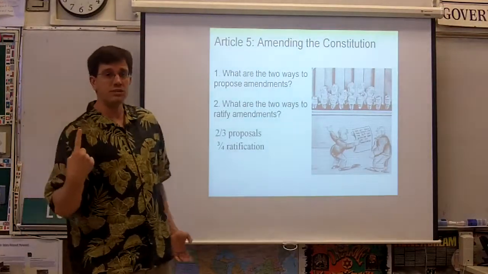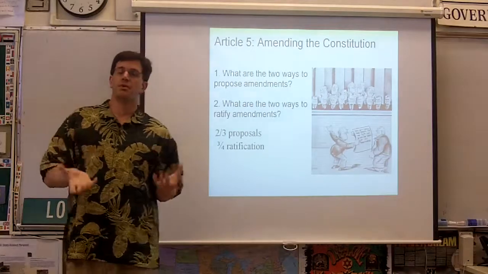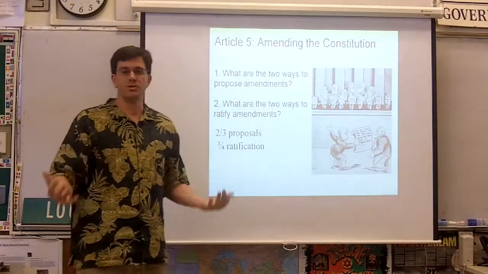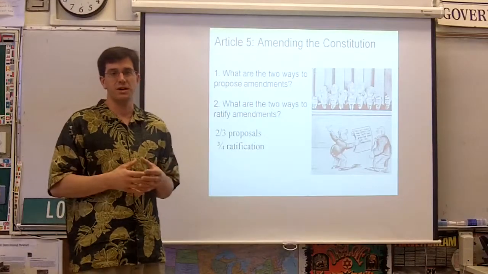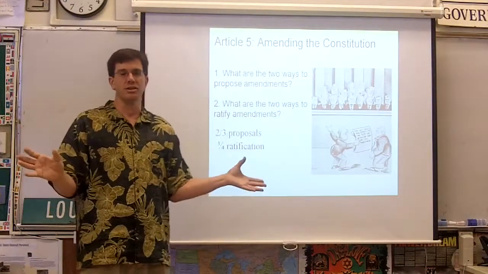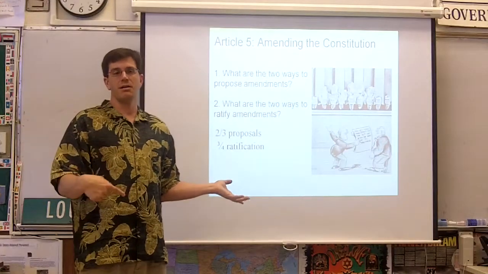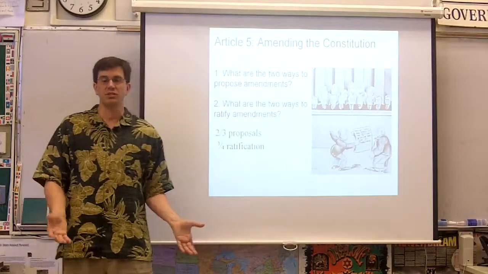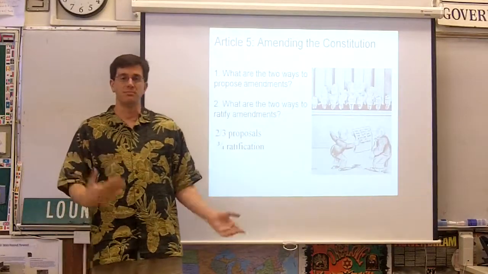That's only happened once in regard to prohibition, banning alcohol, which was a social movement, temperance movement coming up from the grassroots of America. Usually, amendments are proposed by 2/3 of both sides of Congress, then they go into the state legislatures, and 3/4 of all the state legislatures have to ratify the amendment.